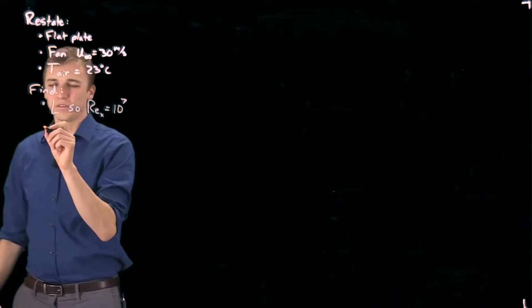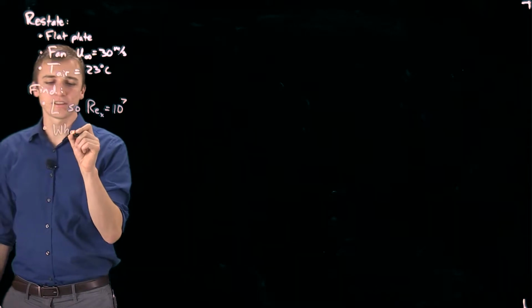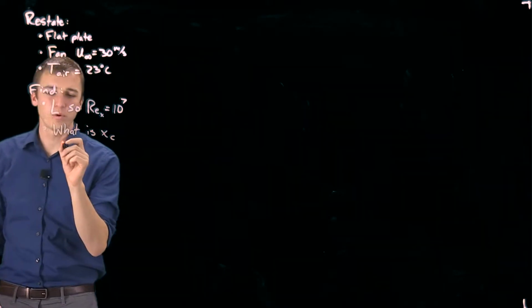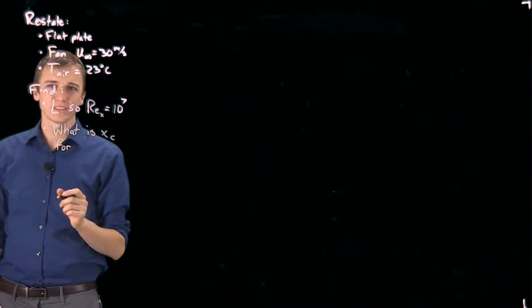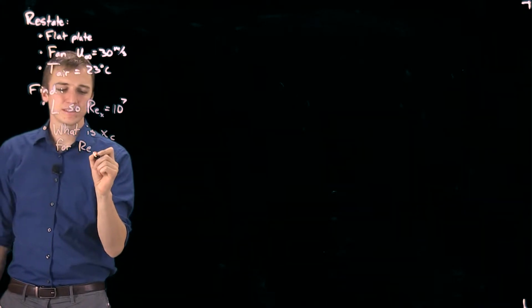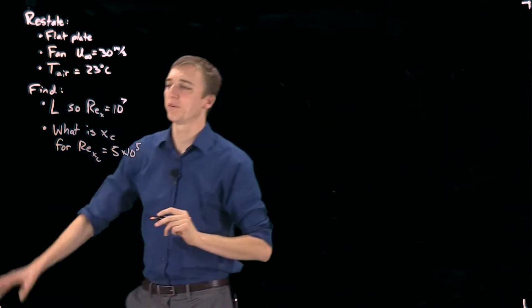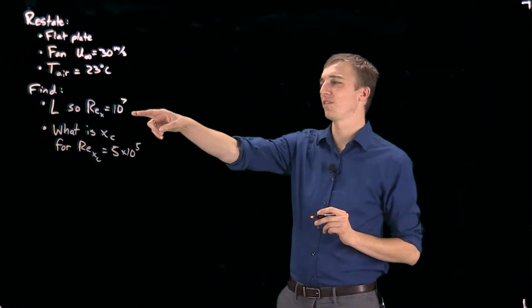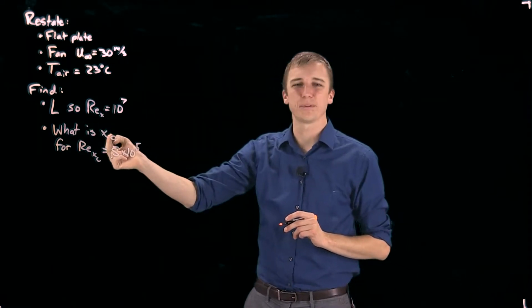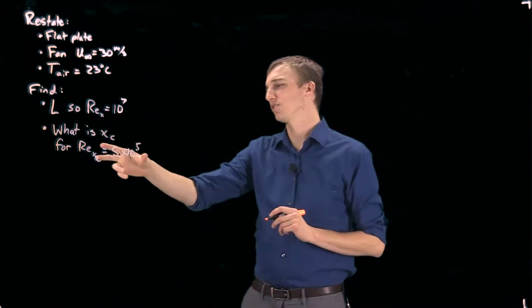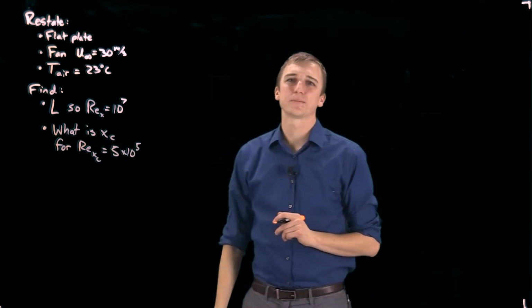We're also asked to find the critical length, or xc, the point where we would transition to turbulence, which happens at a Reynolds number of 5 times 10 to the 5th. So we're asked to find L, so we can get to this Reynolds number, and at what point on the plate, xc, we are going to transition into turbulence.